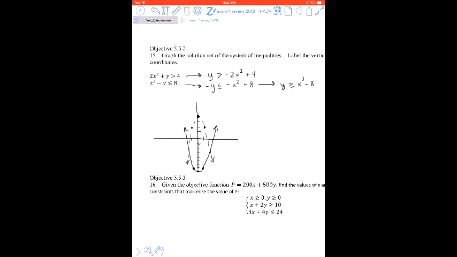So trying to combine these double shaded regions, I need the outside of the dotted parabola and the inside of the solid parabola. So get a different color here. That's going to be here in this area on the outside.